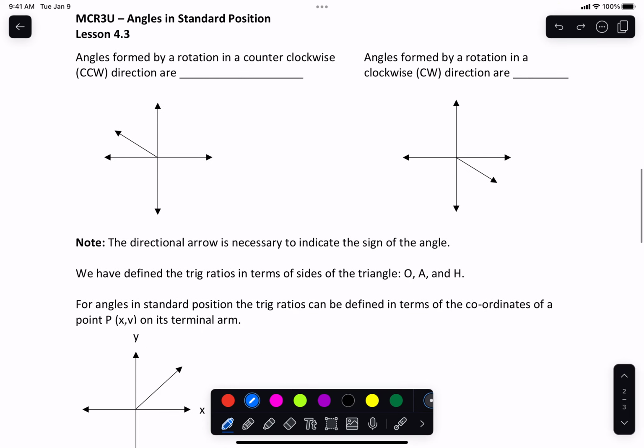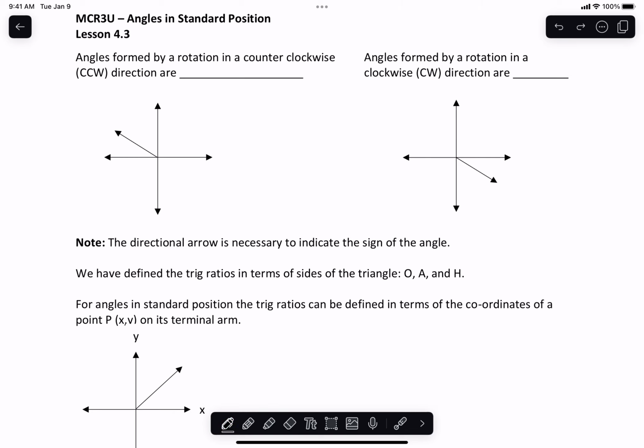So, angles formed by rotating in a counterclockwise direction, counterclockwise is positive. And if I go clockwise, you get negative angles.